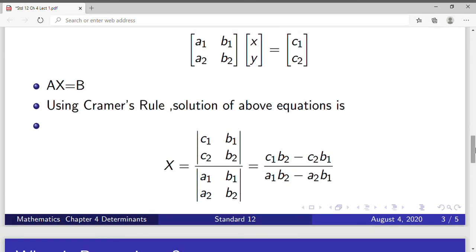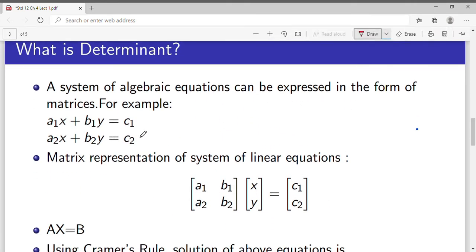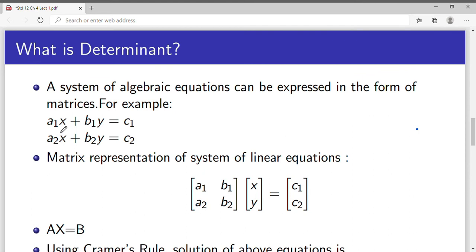Now in a previous standard you already learned how to find the solution of a system of linear equations using Cramer's rule. Here we have two equations, a1x plus b1y equal to c1 and a2x plus b2y equal to c2. If we want to find the values of x and y, then what to do? For x, we replace the coefficient of x by c1 c2.